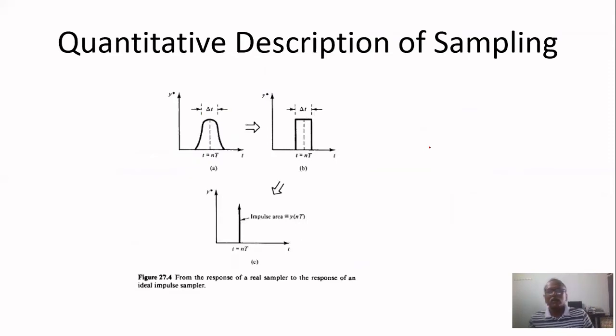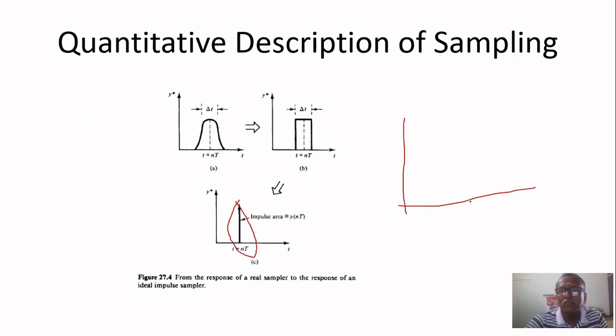Now we come again to that sampled signal. Here we know that sampling is done by using pulses. Mathematically, it is an impulse signal. What is the meaning of impulse signal?